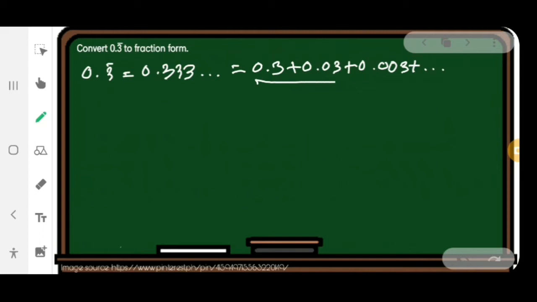Take note, this one is an infinite geometric series. Series because you are adding the terms, and infinite because of the ellipses.